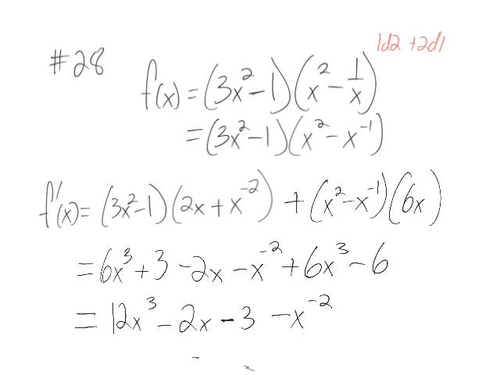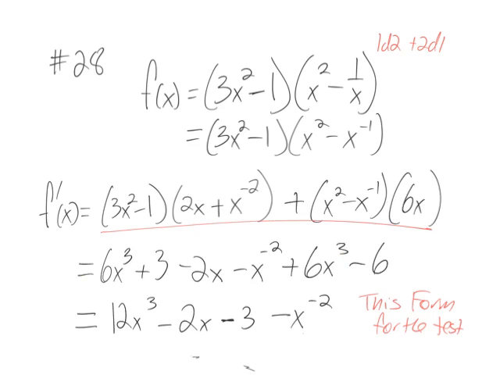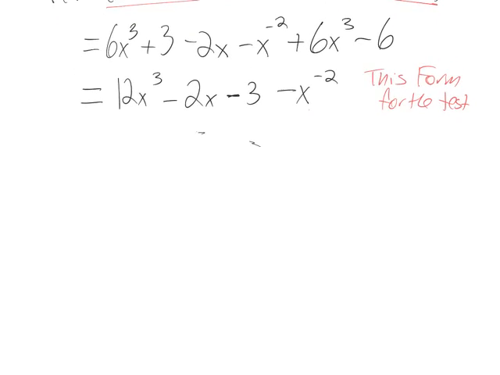Now, you've got some options here. As far as I'm concerned for the test, this form's fine. I want you to do a little bit more simplifying than just writing the derivative like it is here, but you don't have to go as far as you might need to if you were going to do something with this.